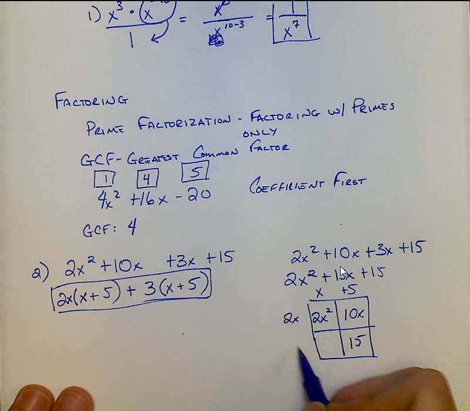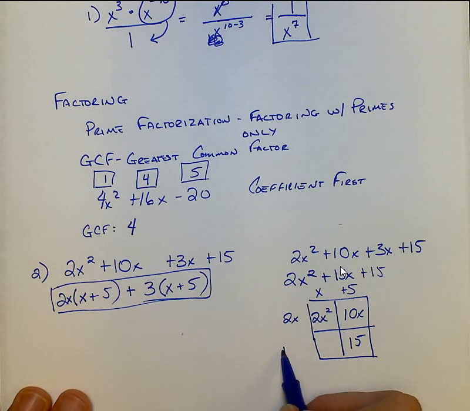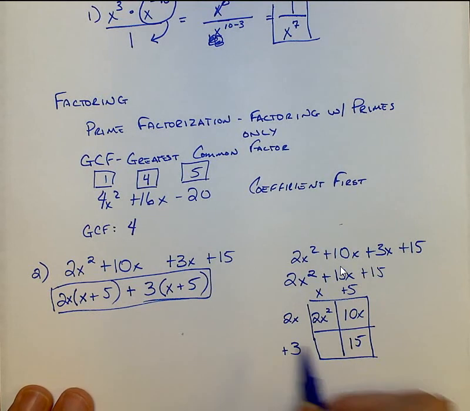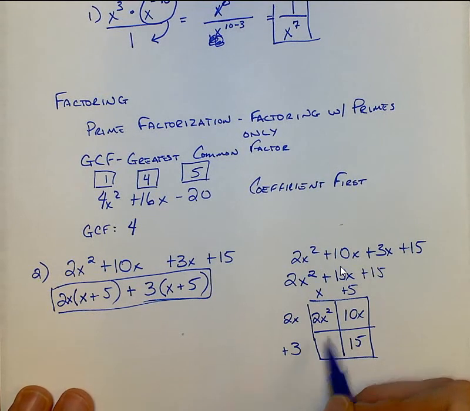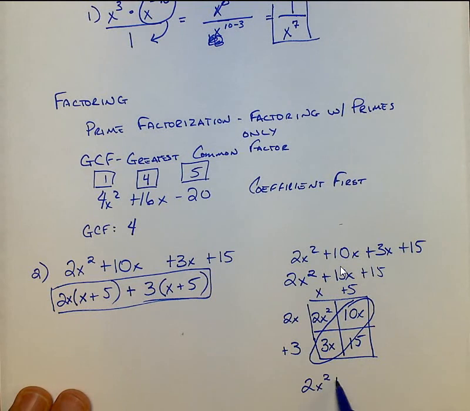Then I need to figure out what number I need to multiply by 5 to get to 15. And that number is 3. And 3 times x is 3x. And I can double check that by combining my like terms and then writing out my polynomial. And I end up with the same one.